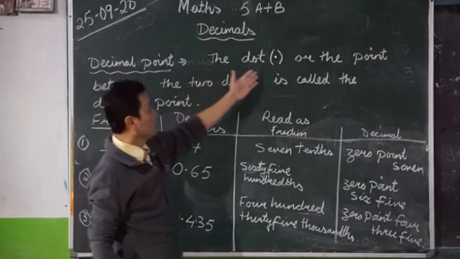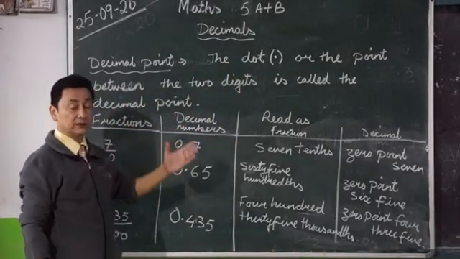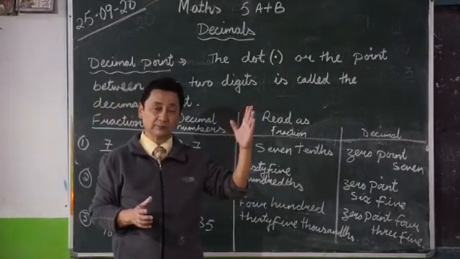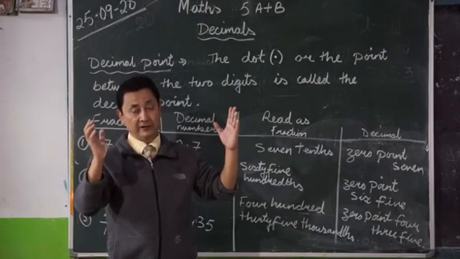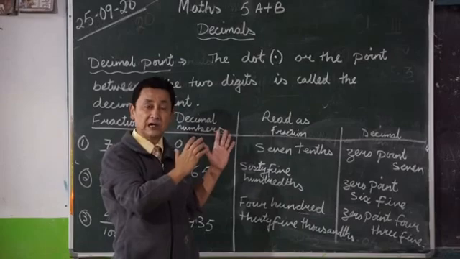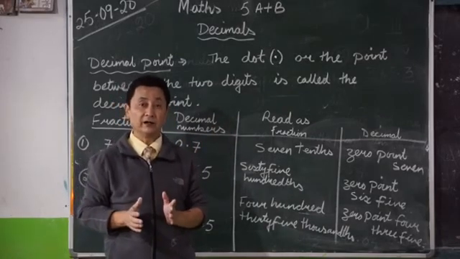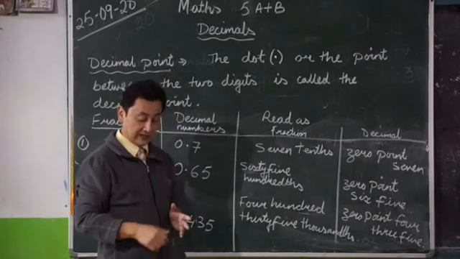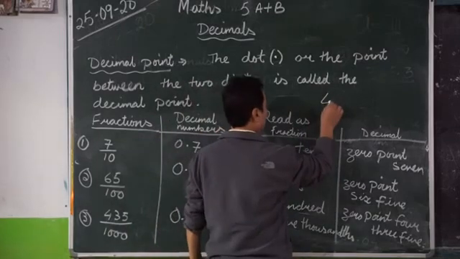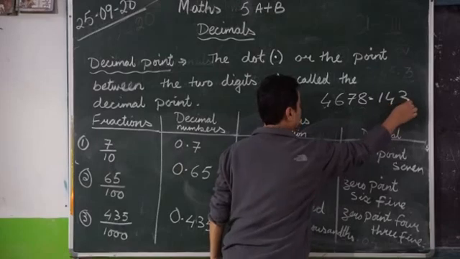The decimal point is the dot, a point between two digits. I have given an example of rupees and paise. The point separates the rupees and the paise. The numbers that come before the point are the whole numbers. The numbers that come after the point are the fractions. Then we did place value, the place value of the numbers 4, 6, 7, 8.143.